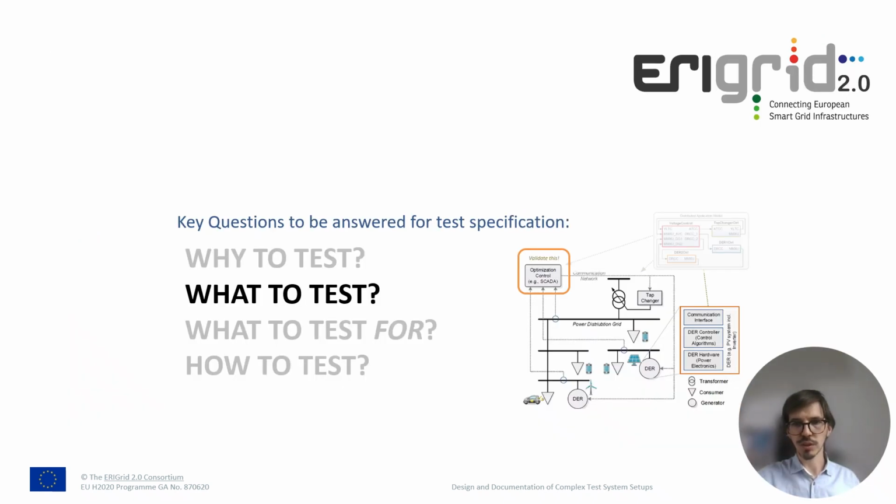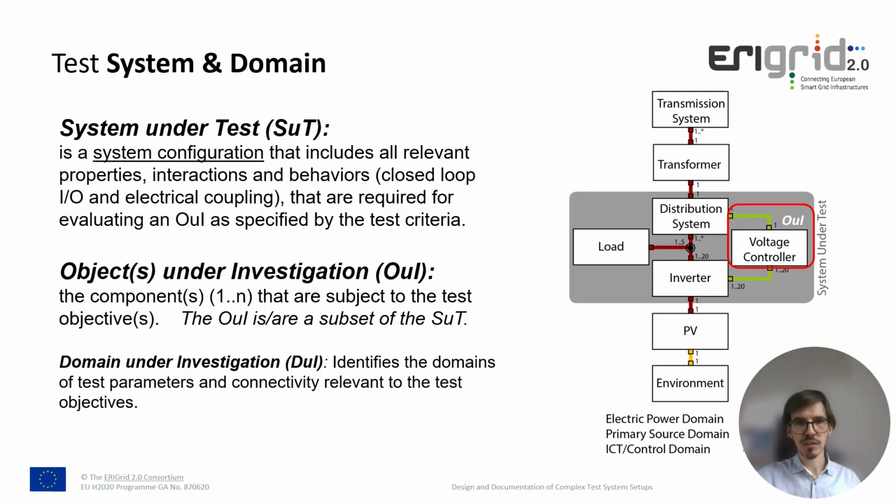Next is what to test. Here we define two types of concepts. That is the system under test, being the context that should be represented in a lab setup, and the object under investigation. So in other contexts, it's also called the device under test.